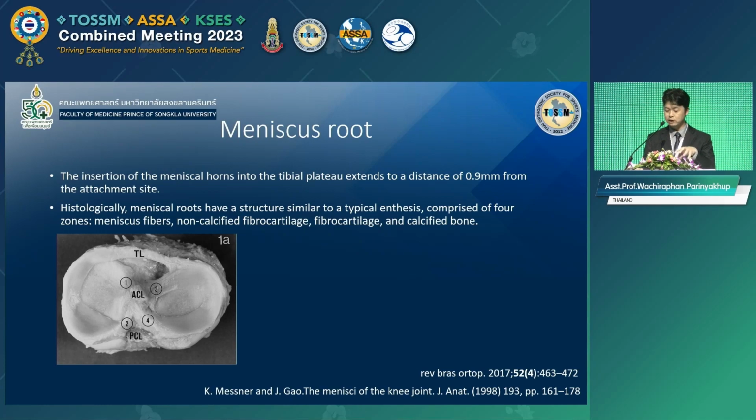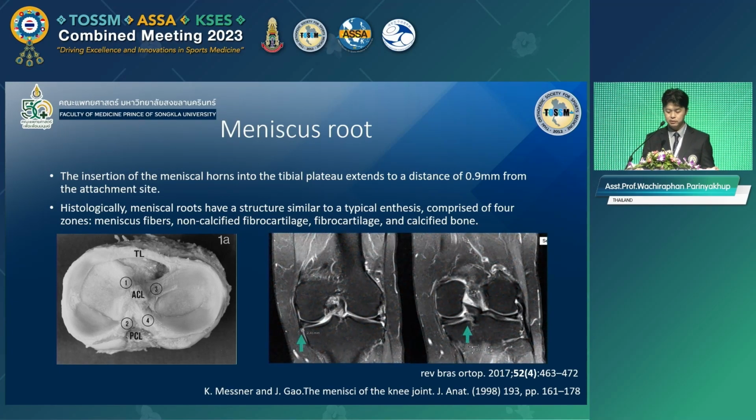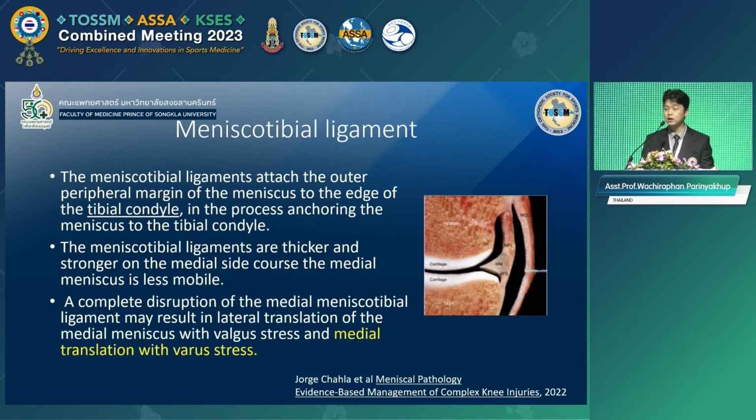Injury to this area will cause loss of meniscal hoop function, and meniscal extrusion can occur. Meniscal root tear is a major cause of meniscal extrusion. But sometimes you cannot find a meniscal root tear, but find only the meniscal extrusion.